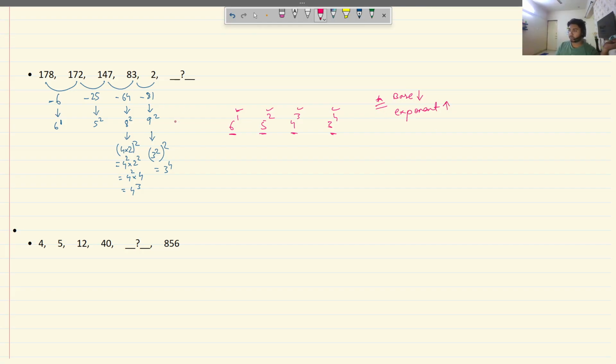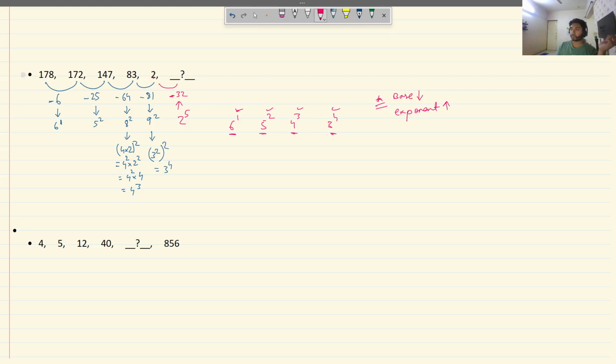So after 3, the next base would be 2, and the exponent is increasing 1, 2, 3, 4, so 2 to the power 5. That will be 4, 8, 16, 32. So 32, and since all these were negative, this will be minus 32.